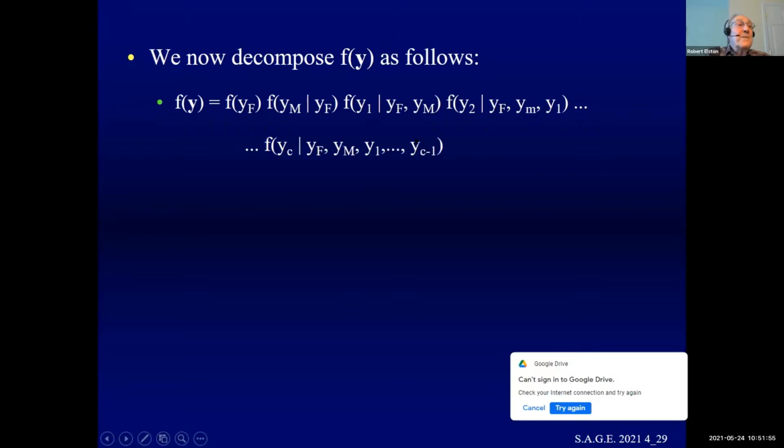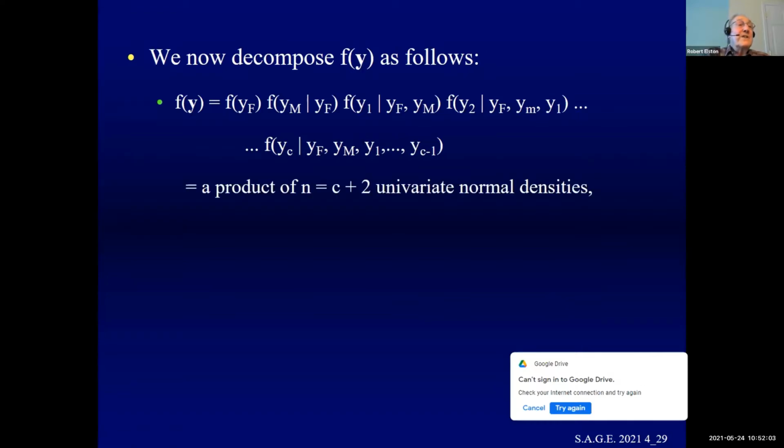Okay, right up until you get the last child given all the rest in the family. It's a product of C plus 2 univariate normal densities. So this is what we've done now. We've decomposed the multivariate one into C plus 2 univariate normal densities.